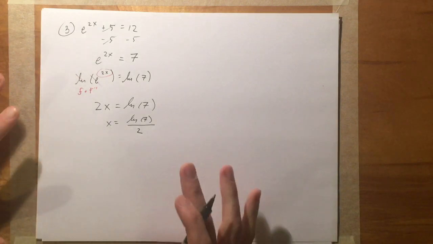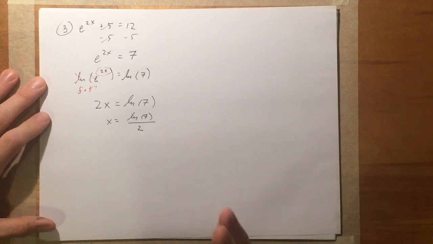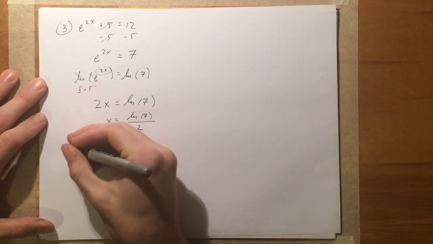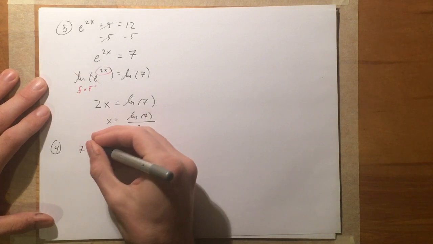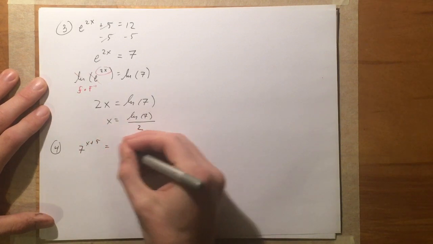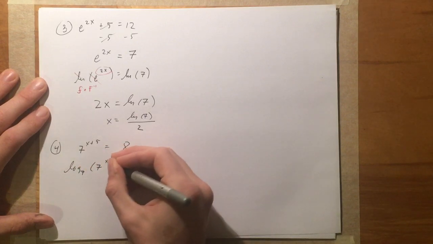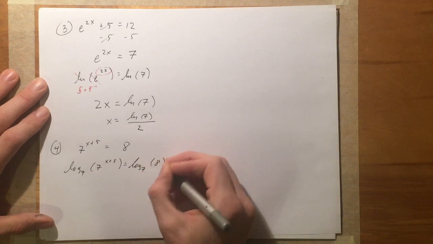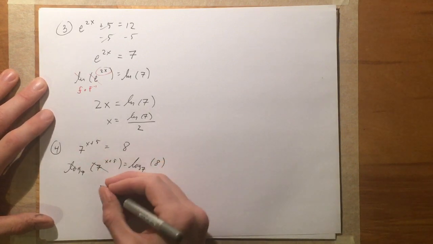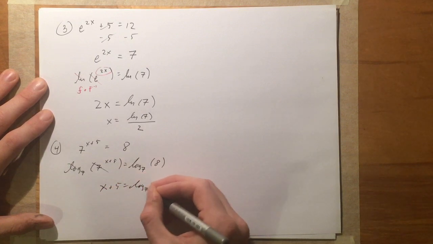And this strategy of using a logarithm to cancel out an exponential is a very fundamental strategy that you can use to solve lots of different equations. Even if it was 7 to the power x plus 5 equals 8, you can do log base 7 of 7 to the power x plus 5 equals log base 7 of 8. Then this will cancel out, and you'll get x plus 5 equals log base 7 of 8.